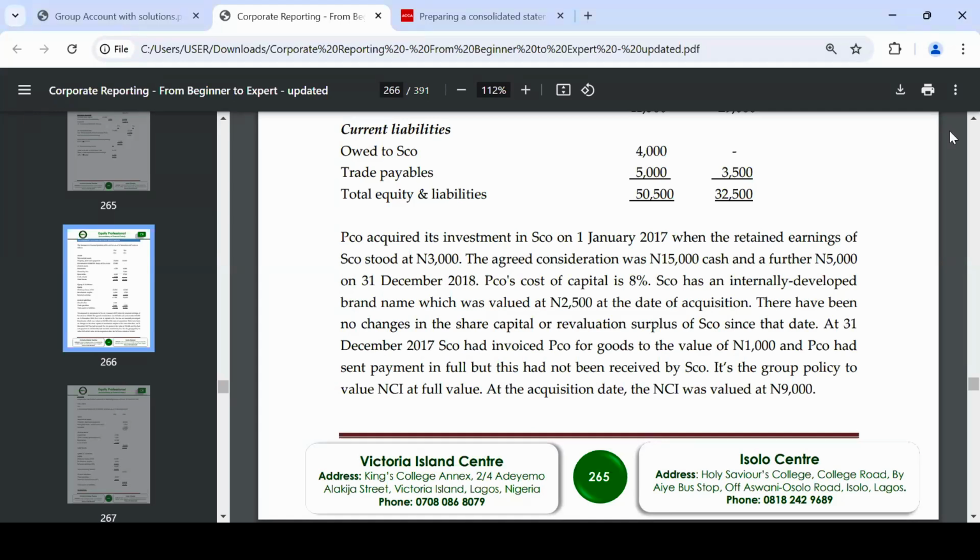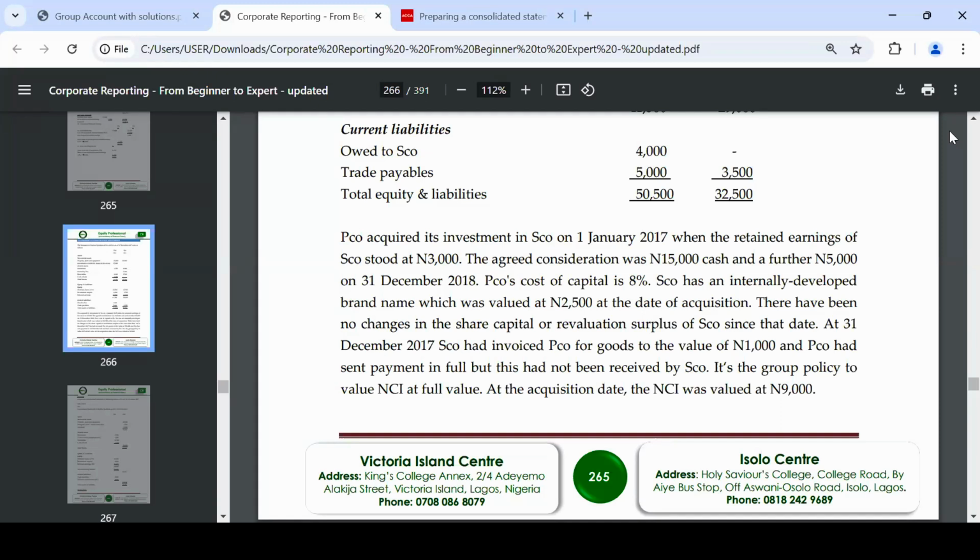Okay, they said ESCO, the subsidiary, has an internally developed brand name, which was valued at 2,500 at the date of acquisition. I meant to say how it's meant to be treated.